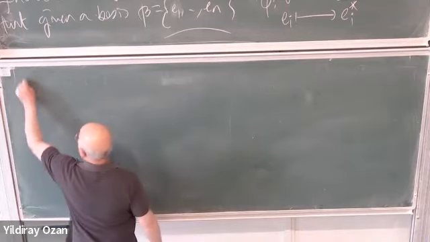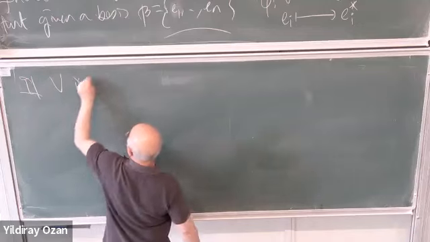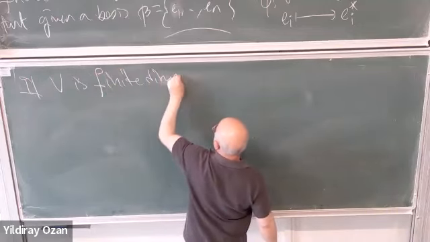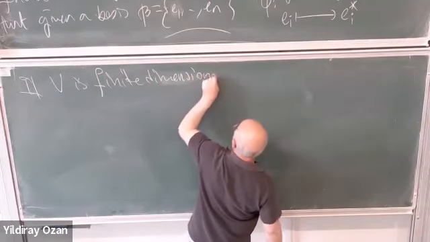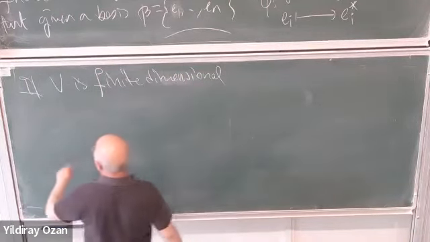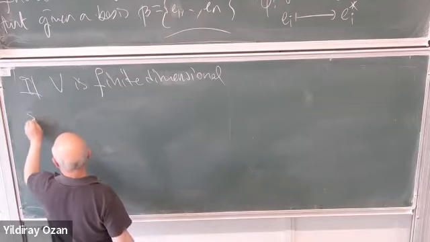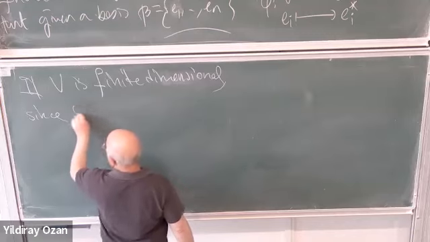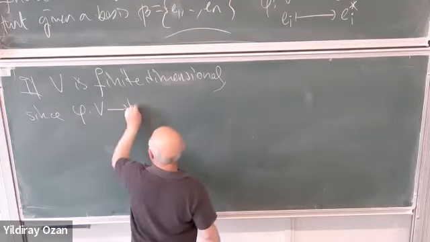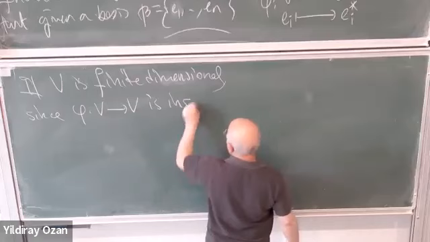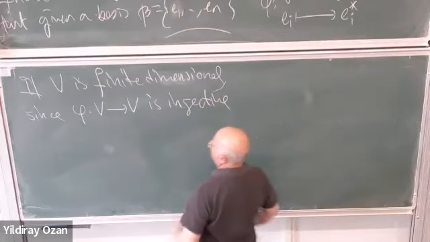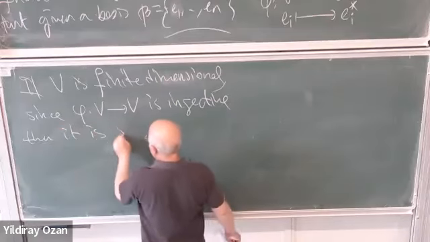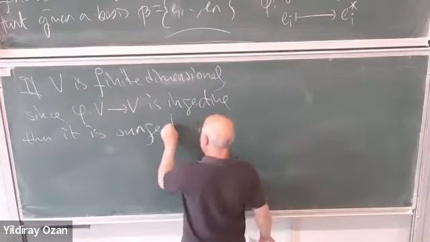Now we know the following. If it is finite dimensional, since this map is injective, then it is surjective, right?